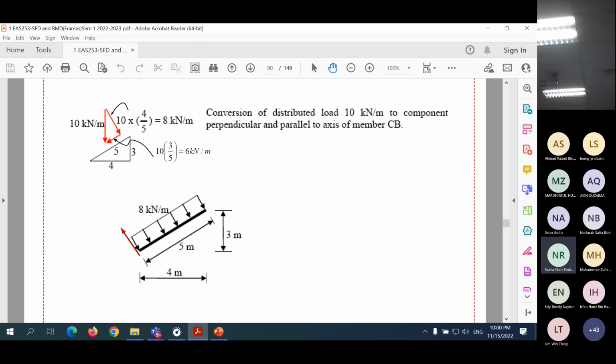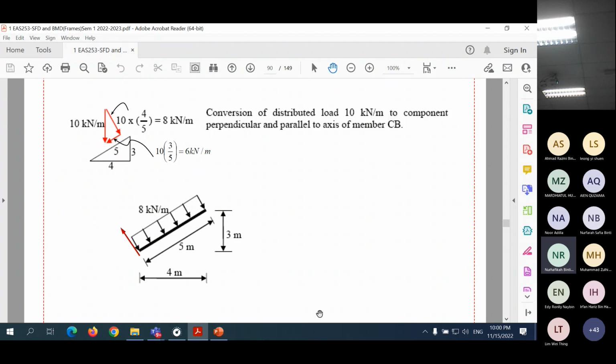So this is what we have to calculate whenever you have an inclined member and the loading is vertical. You have to get the component of that loading in the direction perpendicular to the member and in the direction parallel to the member when we want to calculate shear force and axial force.